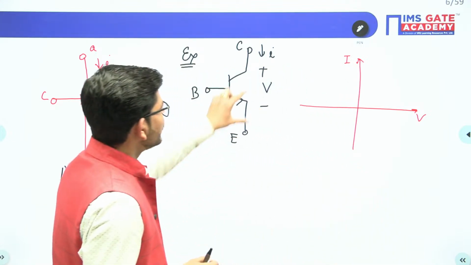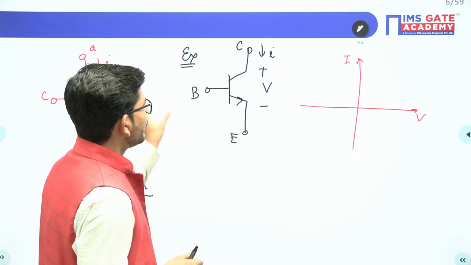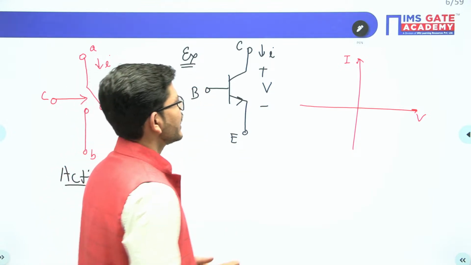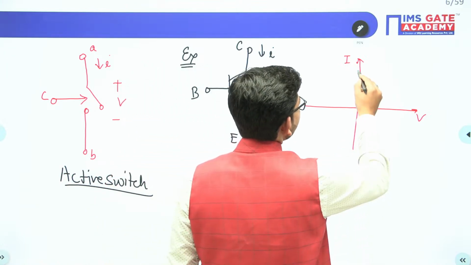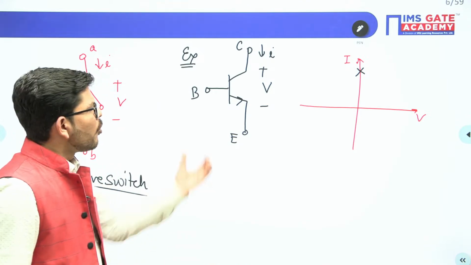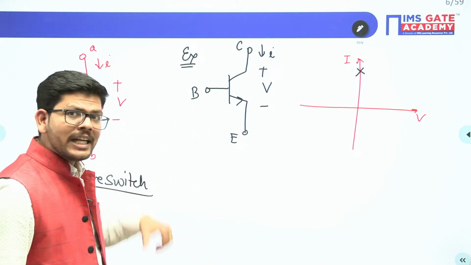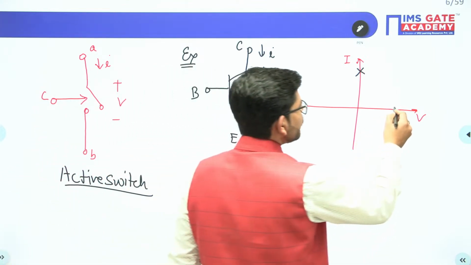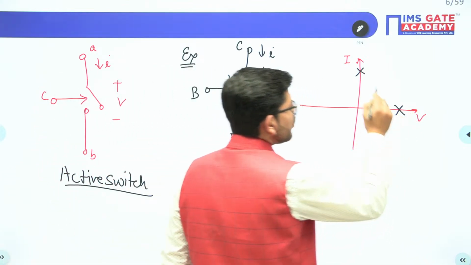When you apply base voltage and base current, the switch will be conducting and it will be carrying a positive current in this direction. When you remove the base signal, it will be blocking the applied positive voltage.